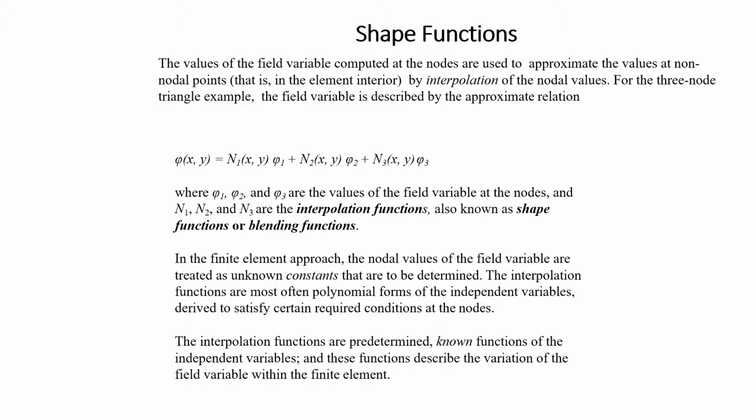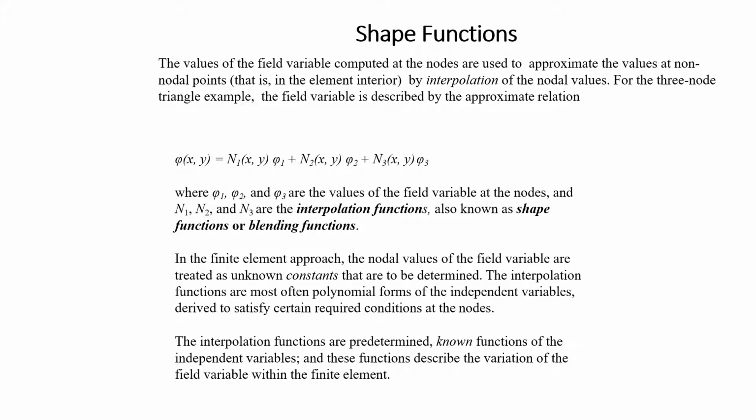So in the finite element approach, the nodal values of the field variable are treated as unknown constants that are to be determined. The interpolation functions are most often polynomial forms of the independent variables derived to satisfy certain required conditions at the nodes.